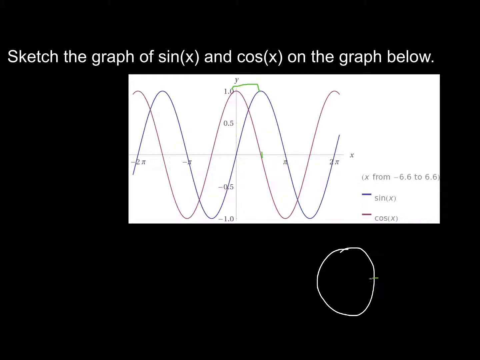So here is where we think about cosine values beginning, because here is where x is 0. And if instead we make cosine start down here, we find that as cosine moves along the unit circle, and as sine starting here moves along the unit circle, their values are actually the same.